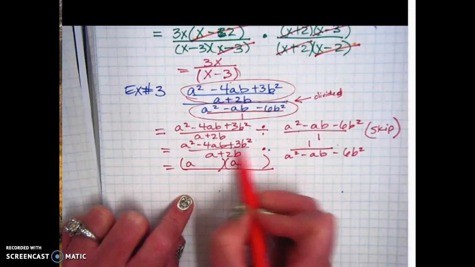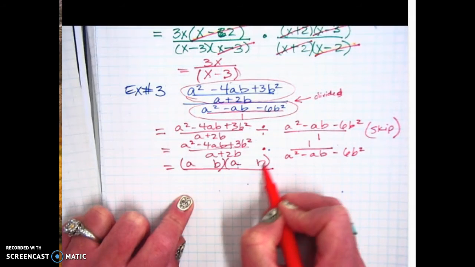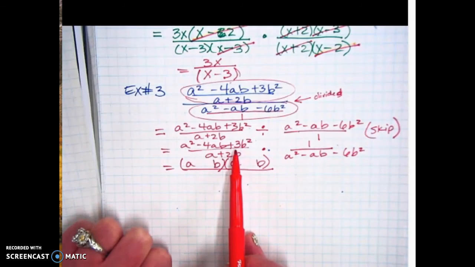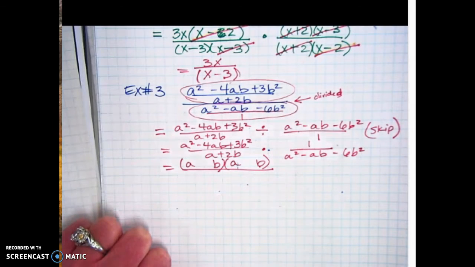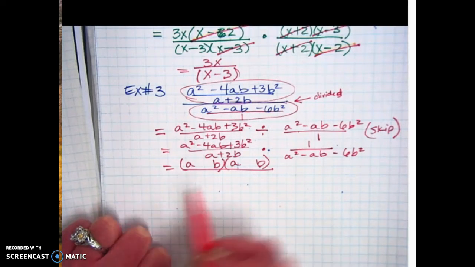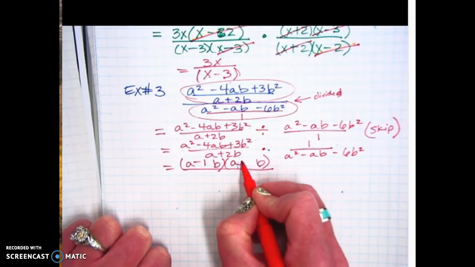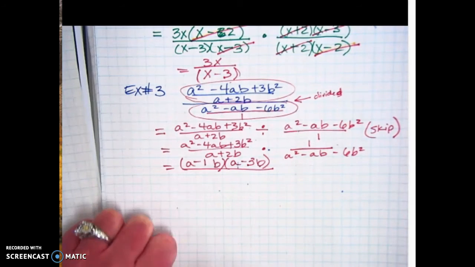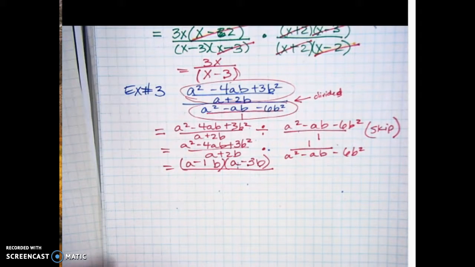And then we've also got a b squared. So we know there's going to be a b and a b. But then the rest of it's one of the easy ones, right? What two numbers multiply to get positive 3, but add or subtract to get negative 4? Minus 1 and minus 3. You don't even really need to write that 1. It just helps you keep track of it, right? Okay.